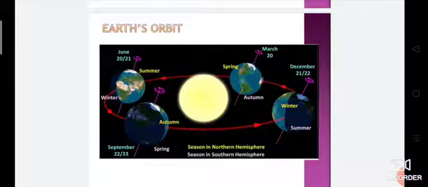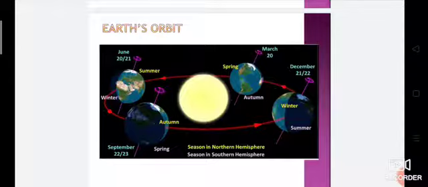Because of the difference between day length and night length, the northern hemisphere gets a maximum amount of energy, and it ultimately results in summer.